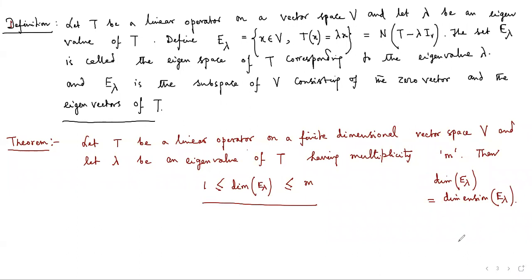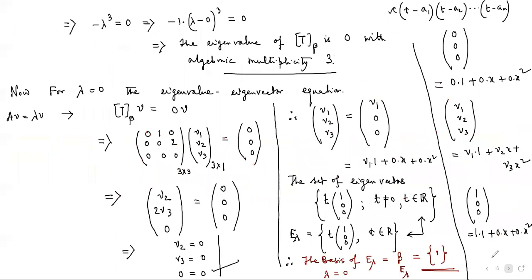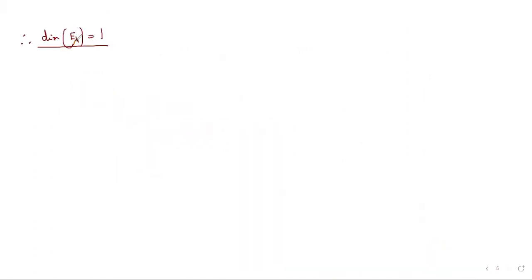And for the dimension of E lambda, because the eigenvalue is 0, I must write E0. So here the dimension of E0 is actually coming out as 1, which is satisfying the theorem.